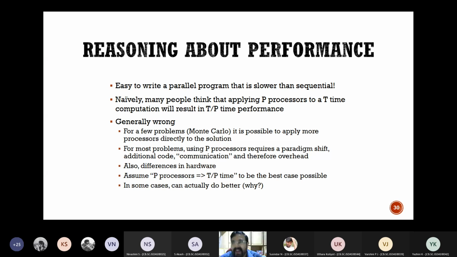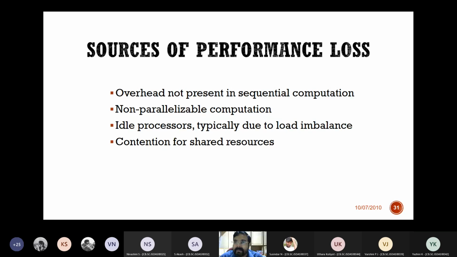It may be 4 or 5 minutes. For some problems there could be a good output, like a Monte Carlo simulation, but mostly you will not get that kind of output, because that is called throughput. That throughput may not happen because throughput will be there, latency will also be there. Latency is delay, throughput is maximum output, because there will be some loss.